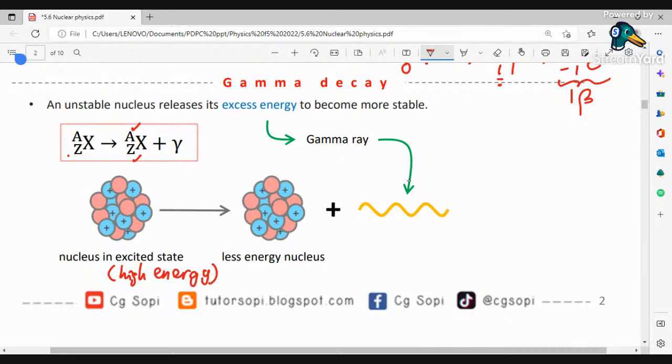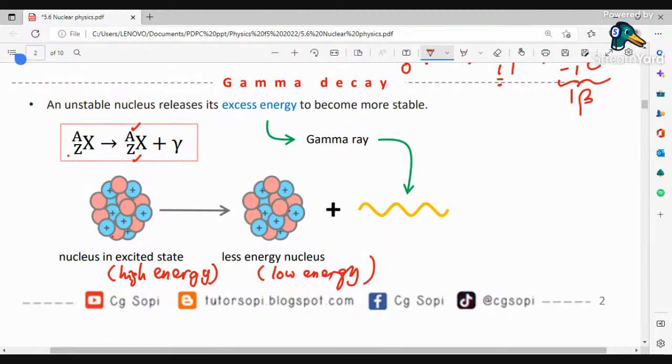When release out the excess energy, it become more stable now, low energy. Okay, low energy. So it become more stable. Ini unstable, ini more stable. Release out gamma ray. For gamma decay, there's no change in proton number and nuclear number. Tak ada perubahan. Okay, example untuk gamma decay.